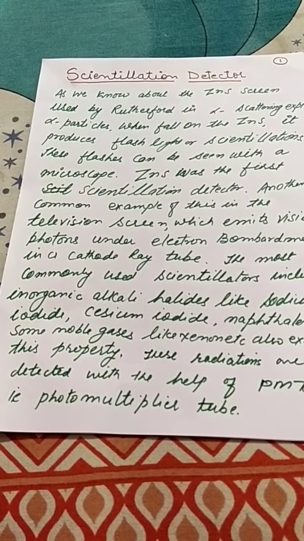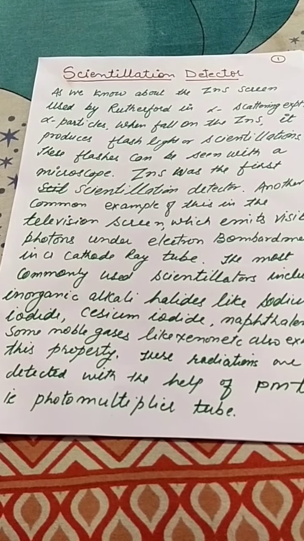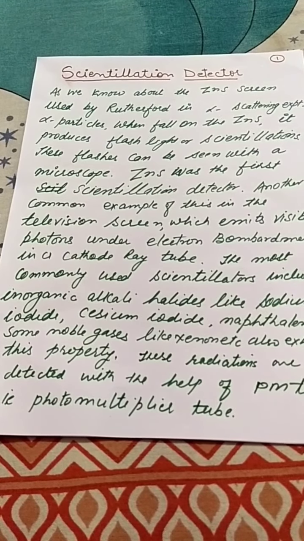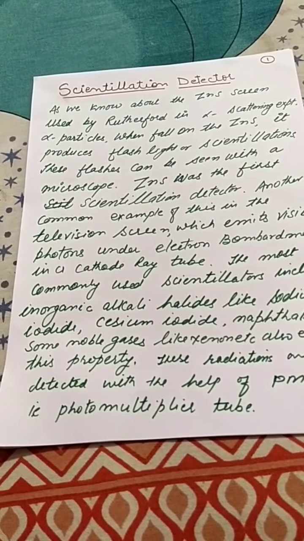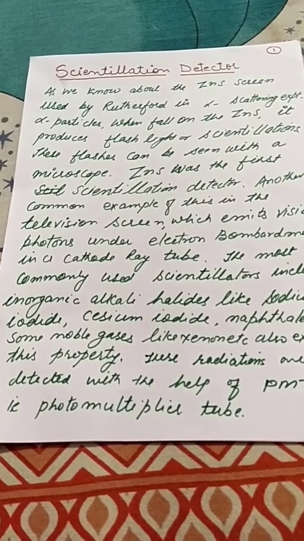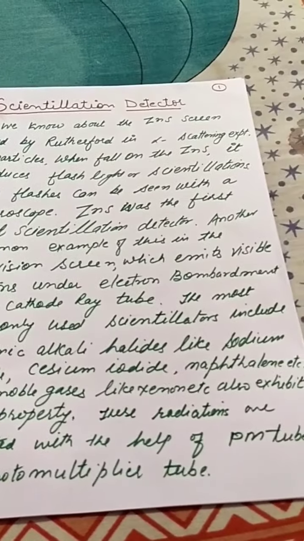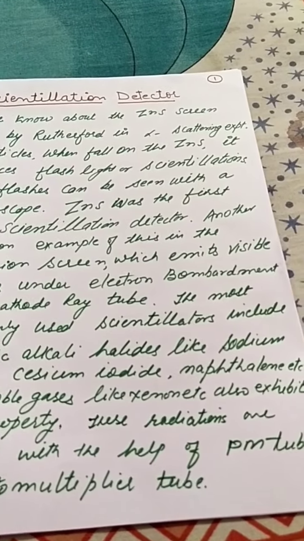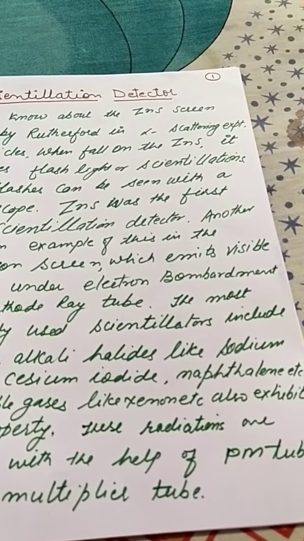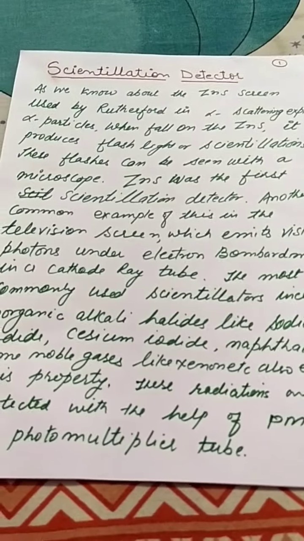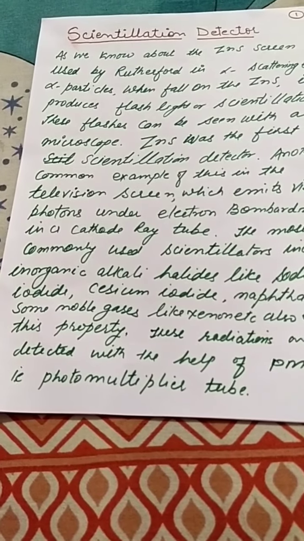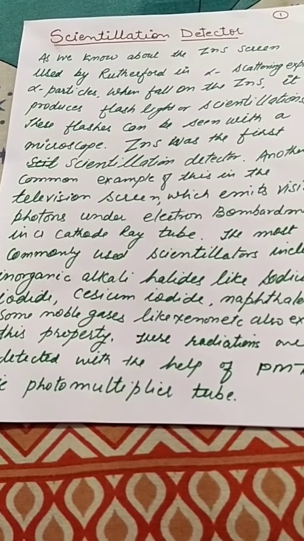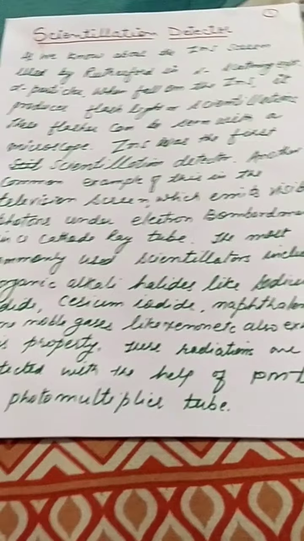These are inorganic crystals. Under the inorganic crystals, sodium iodide is there, cesium iodide is there, calcium fluoride is there, zinc sulfide is already discussed here, because it was the first scintillator used in nuclear physics. Making a big transparent single crystal is quite difficult, so we are using zinc sulfide.